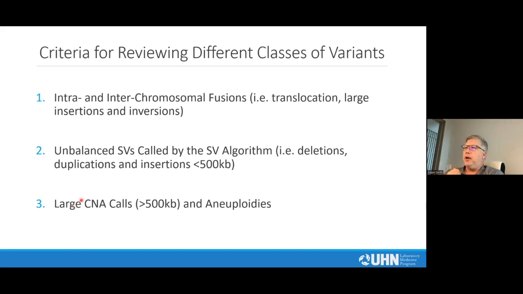But sometimes, depending on the size, depending on where a particular region starts and stops, like for example, if you had an isochromosome where there's no link from one piece to the other piece, you just lost the P arm and duplicated the Q arm, you'll actually only see a large CNA call for those. And so you can see large CNA calls that don't have SV calls with them. That routinely happens depending on the type of abnormality.